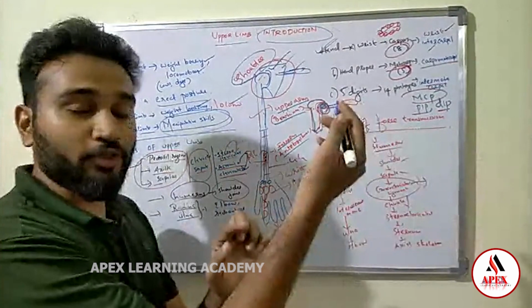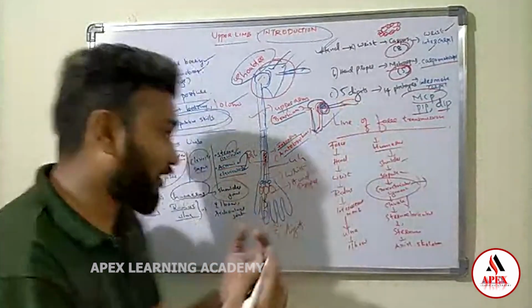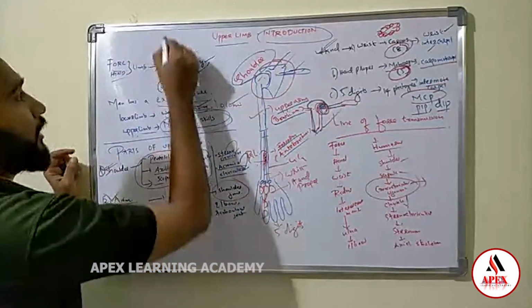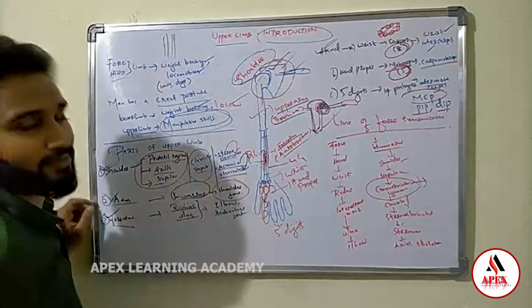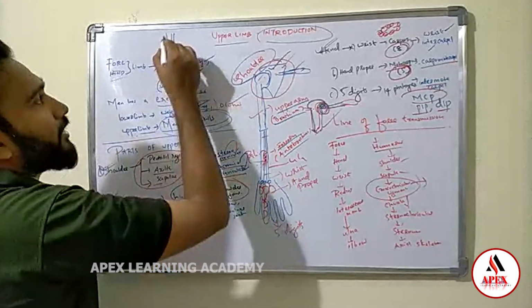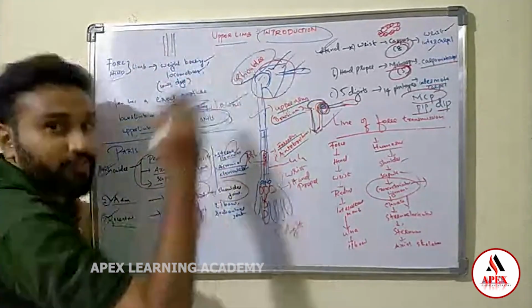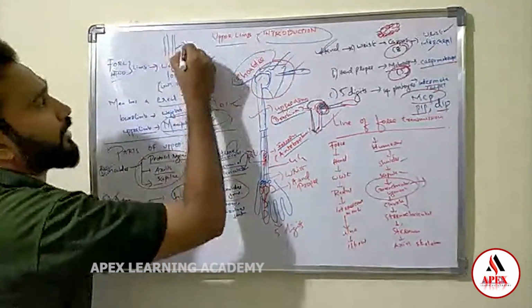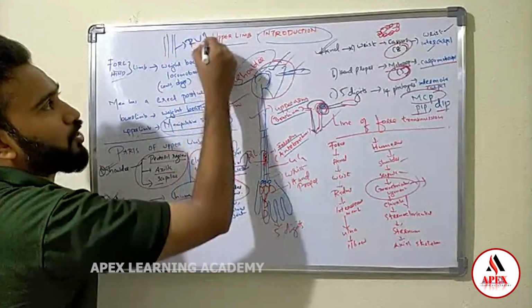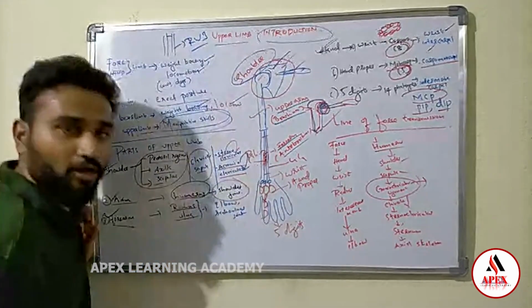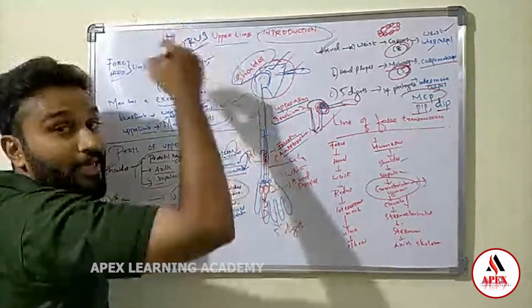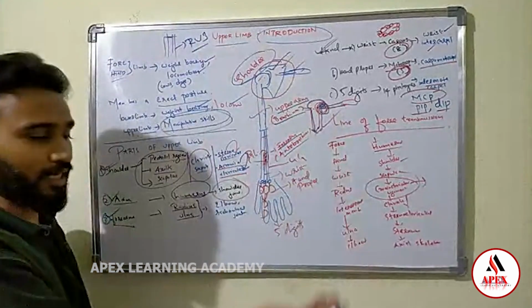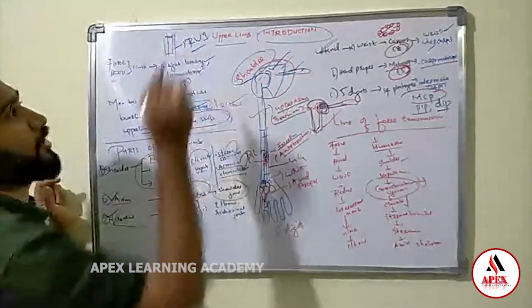Just imagine that here is the radius and here is the ulna. These two bones are connected by the radio-ulnar joints. Here it is the superior radio-ulnar joint, and here it is the inferior radio-ulnar joint.